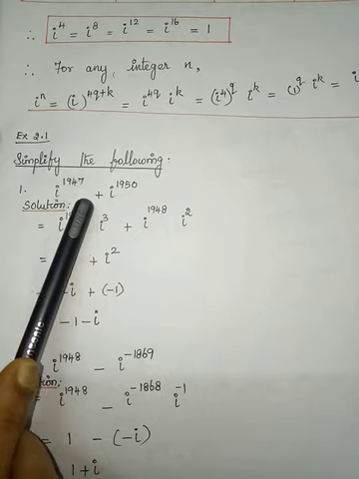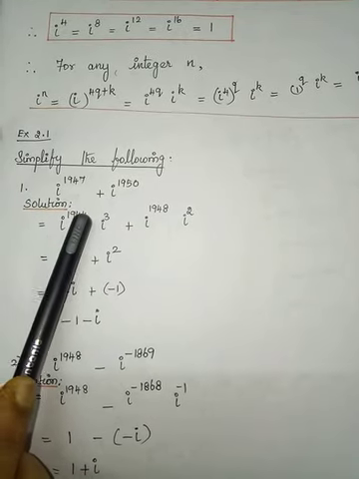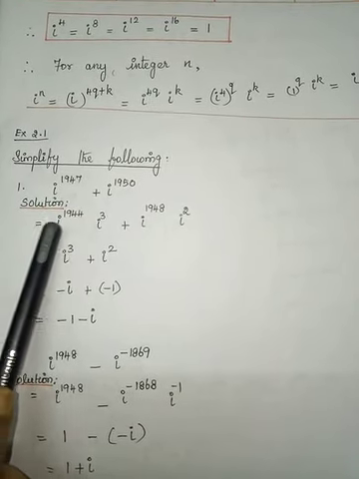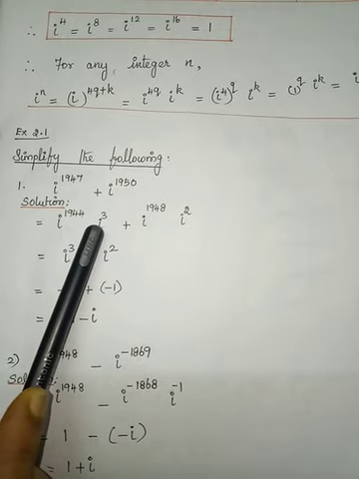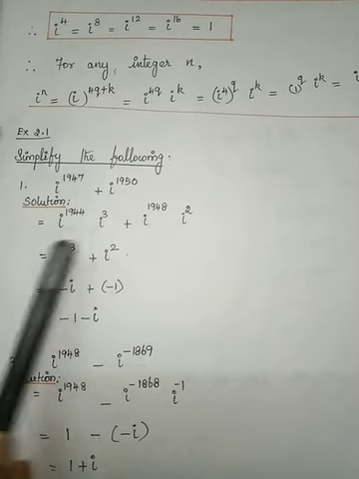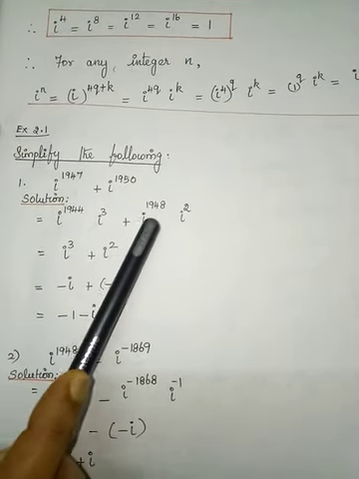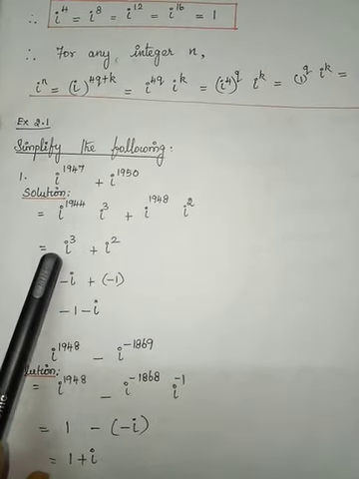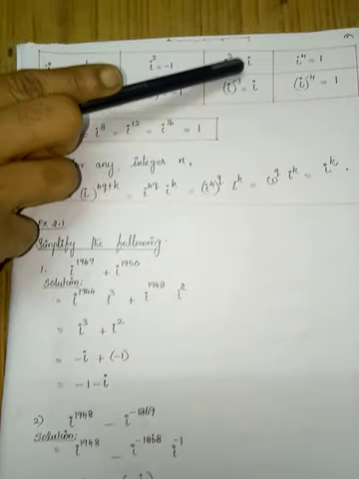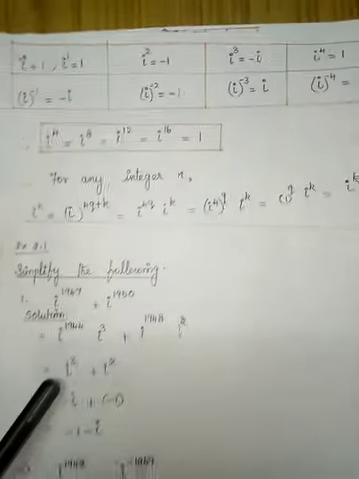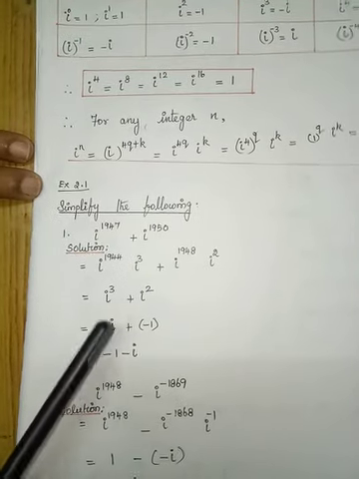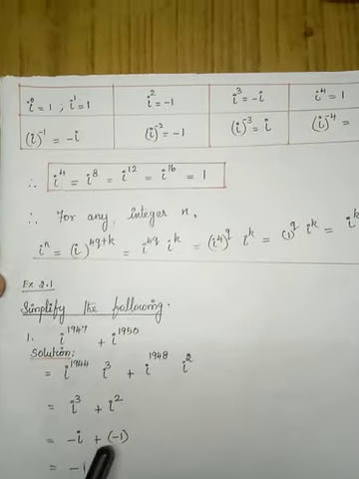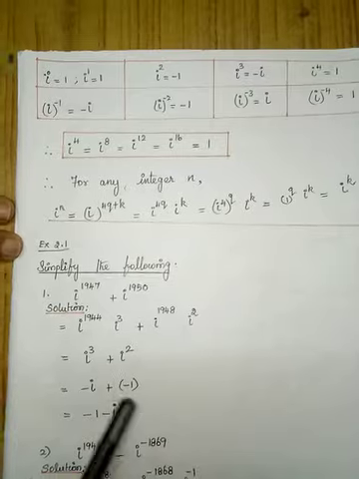Since 1944 is a multiple of 4, the answer is 1, so the answer is i cube here. In the same way, for the other term the answer is 1, and here you have i squared. What is i cube? We have learnt it is minus i, so in place of i cube I have written minus i. What is i squared? That is minus 1. So the answer is this.